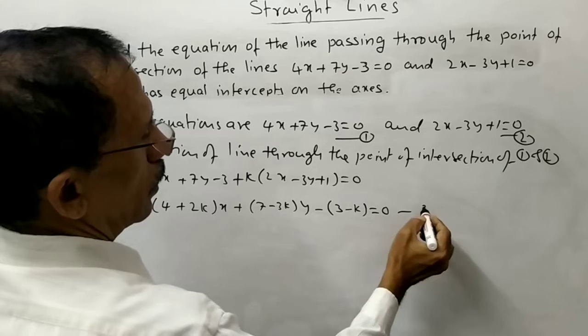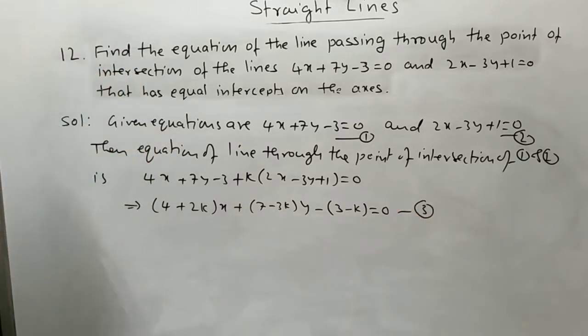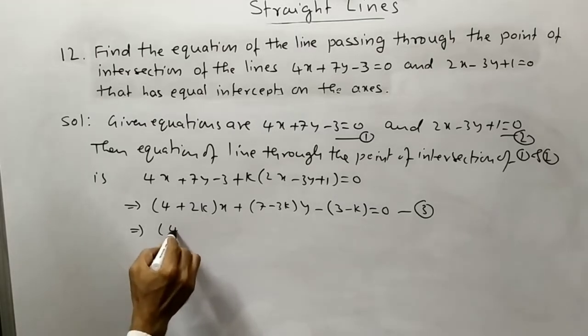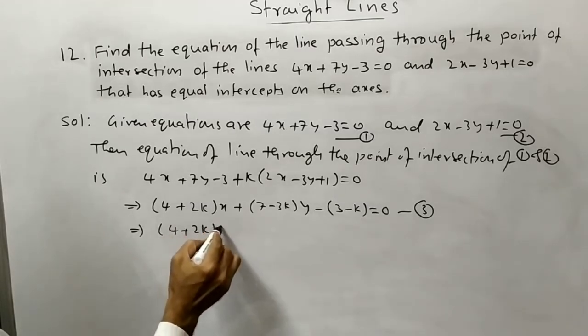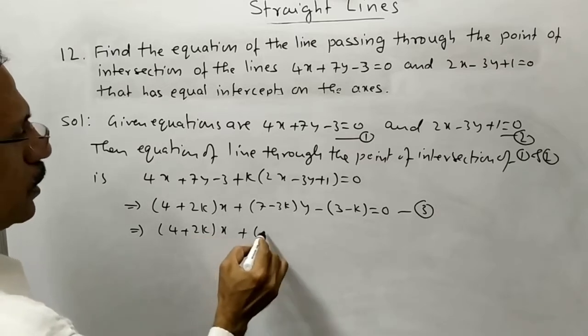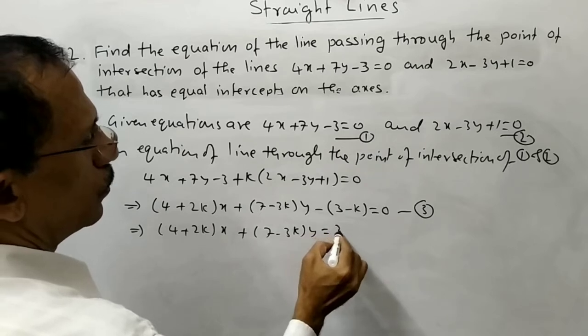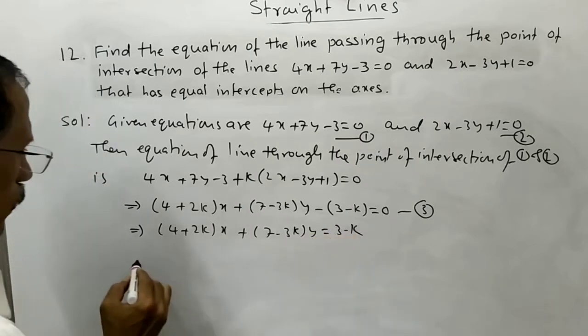Say number 3. This implies 4 plus 2k into x plus 7 minus 3k into y is equal to 3 minus k.